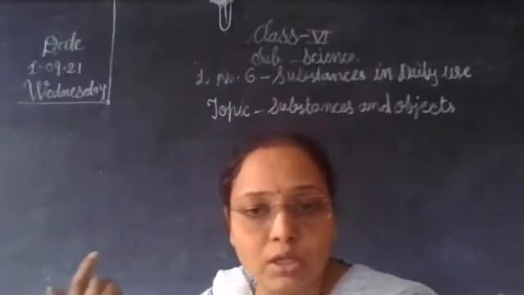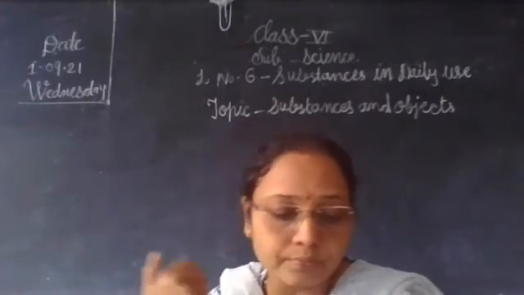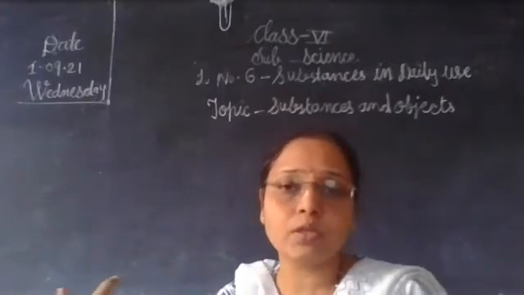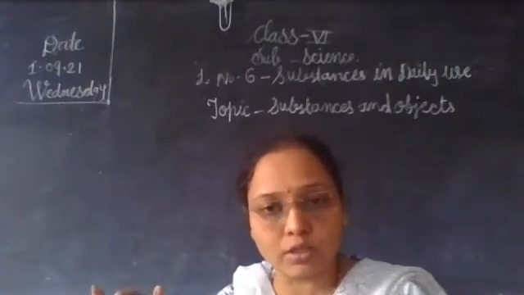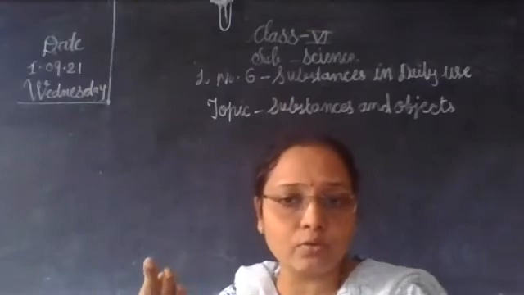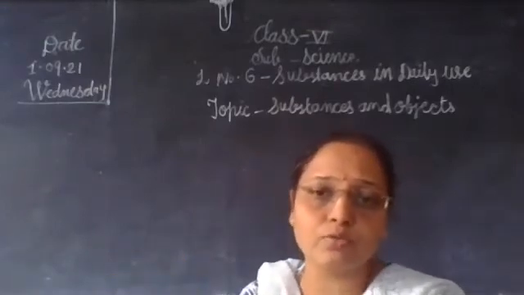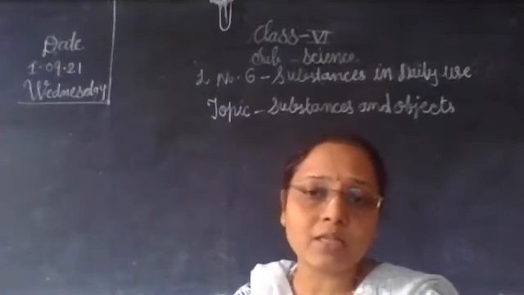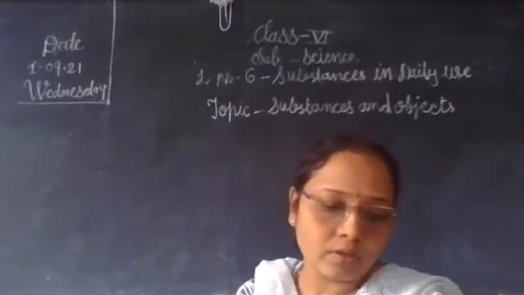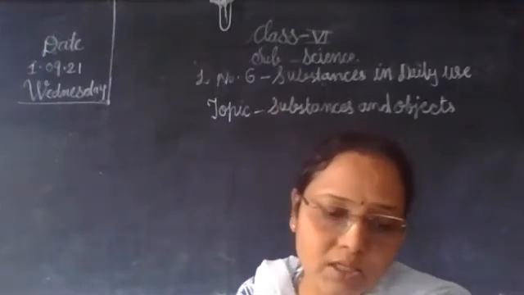Cupboards, usually we use metal cupboards, also wooden cupboards. Clothes we use are made of cotton, some are synthetic fibers, silk cloth, then jute cloth. So various things we use are prepared from various materials.